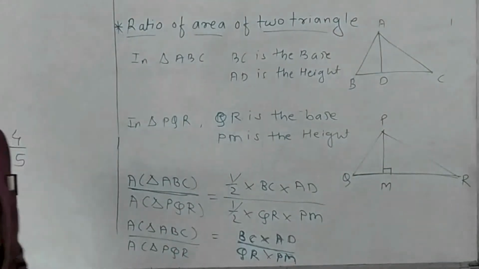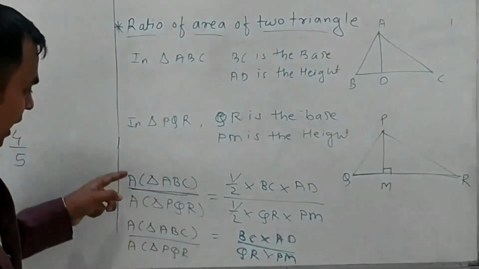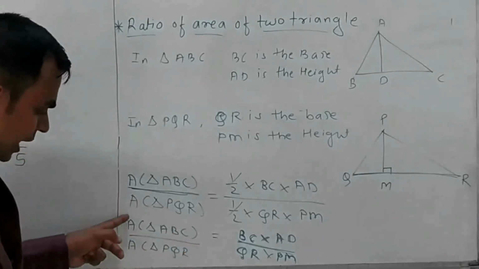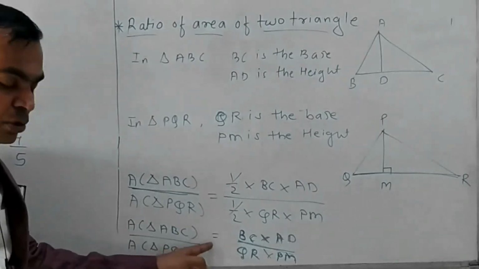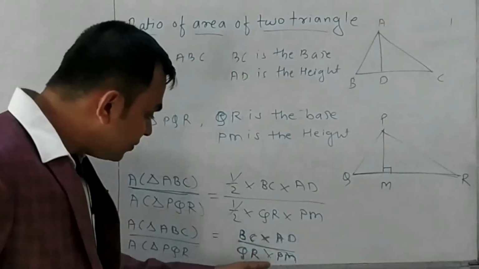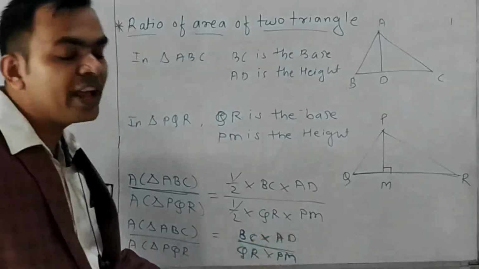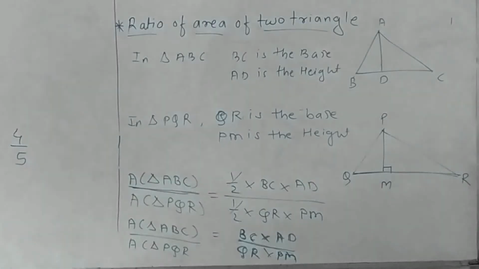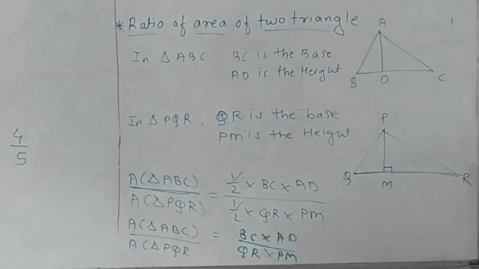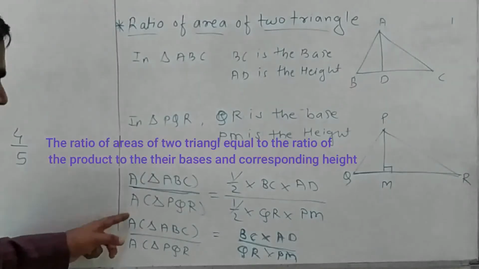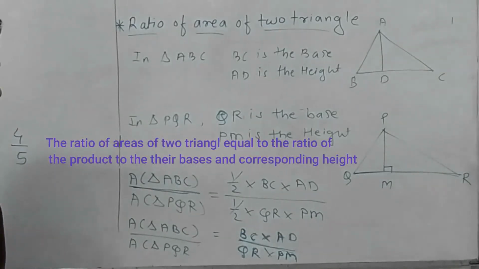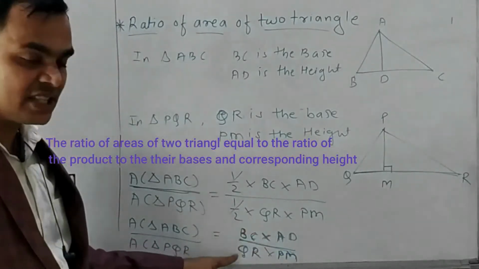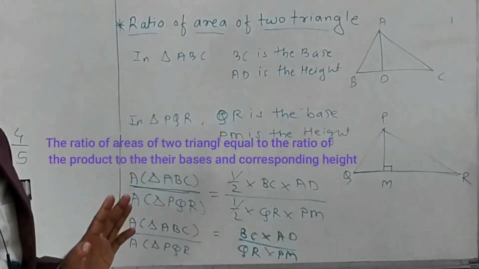Hence, the ratio of the areas of two triangles is equal to the ratio of the product of their bases and corresponding heights. Move to another property. This one is our first property. It should always be remembered: the ratio of the areas of two triangles is equal to the ratio of the product of their bases and corresponding heights.